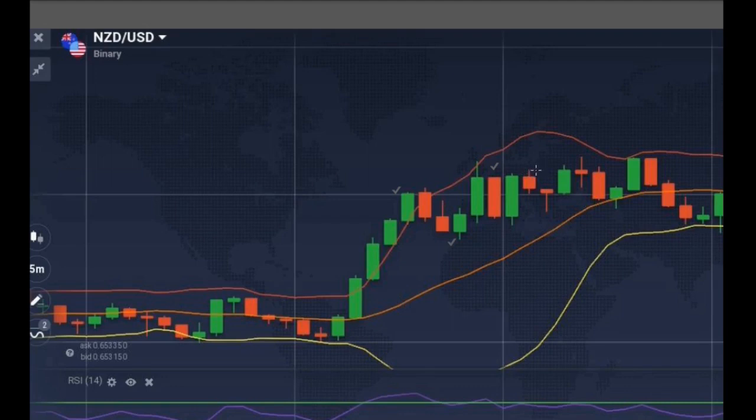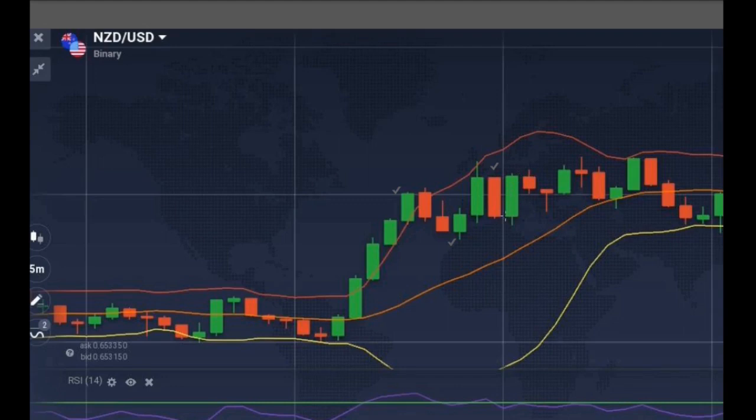The expiration time must be exactly 5 minutes, or 5 minutes plus 3, that's 8 minutes, or 5 minutes plus 4. It's better for the expiration to be higher than 5 minutes than for it to be lower. Never trade an expiration lower than 5 minutes.